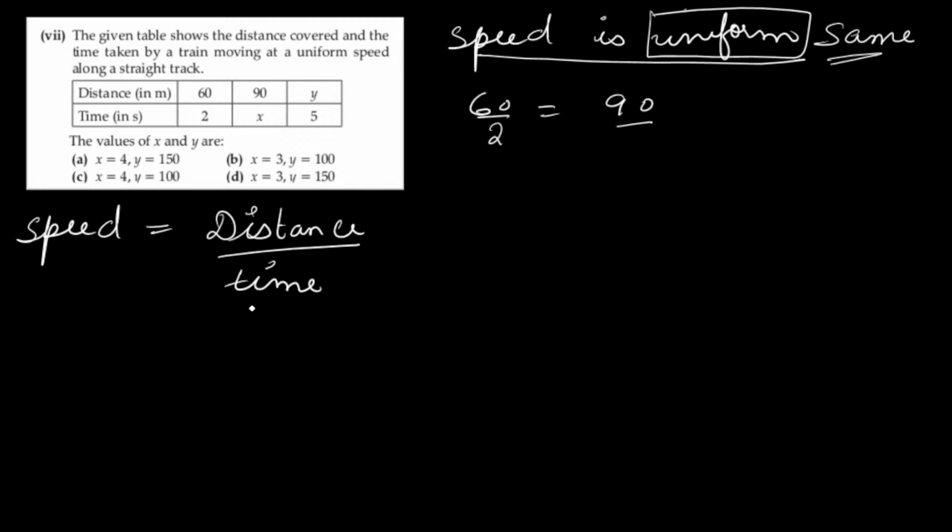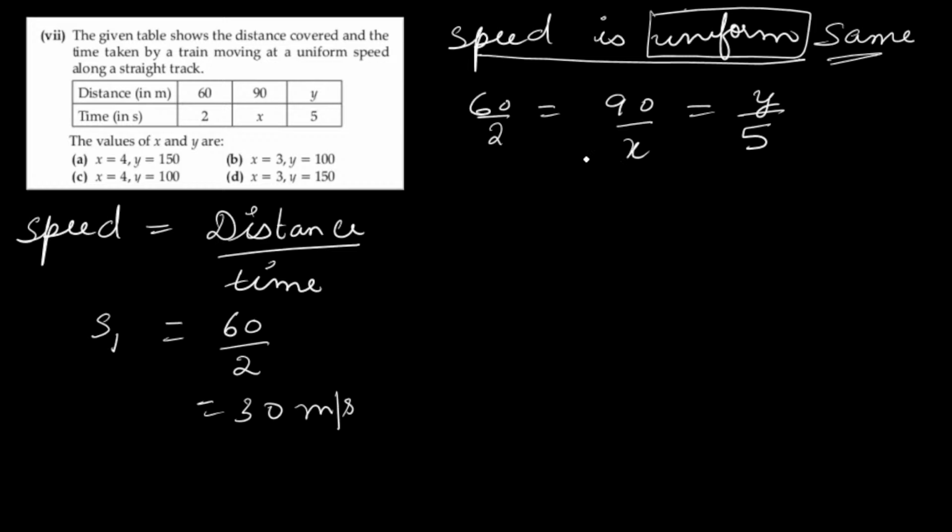If I find distance by time in the first case, S1, I get 60 by 2, which is 30 meter per second. S2 will also be 30, S3 will also be 30. All the speeds at all points will be the same because it's uniform speed. So 60 by 2 is equal to 90 by x, which is equal to y by 5. This concept of proportionality we have to use here.